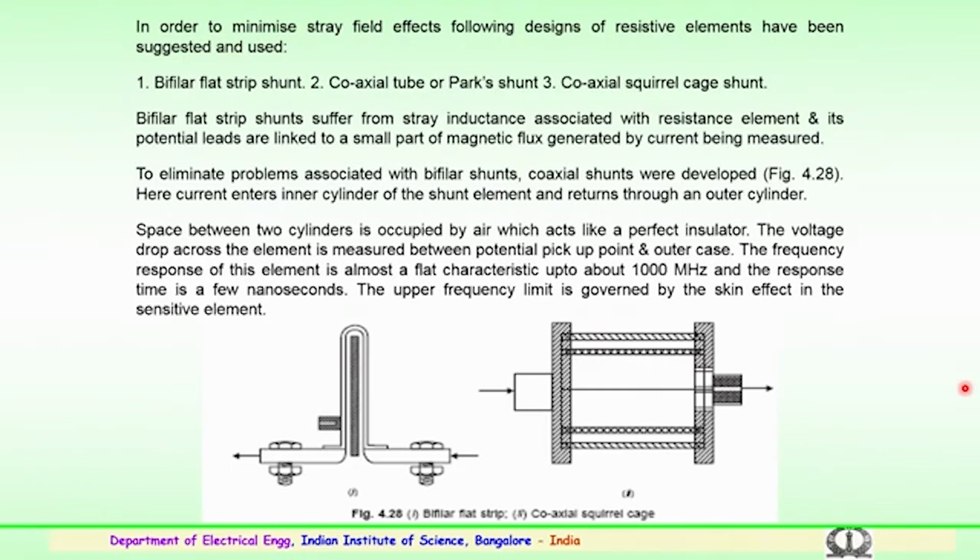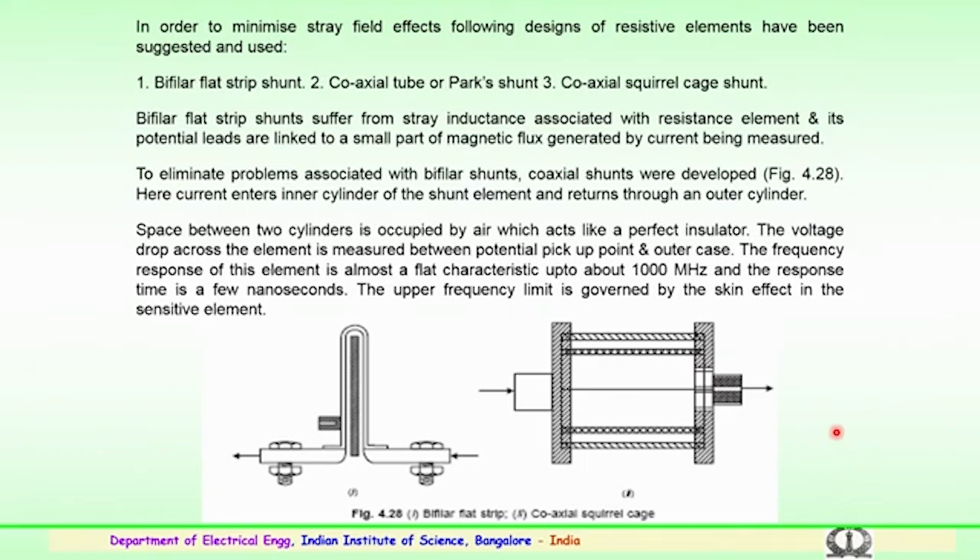The voltage drop across the element is measured between the potential pickup point and the outer case. The frequency response of this element is almost flat up to 1000 megahertz, and the response time is a few nanoseconds. So, that is the reason these are being used.